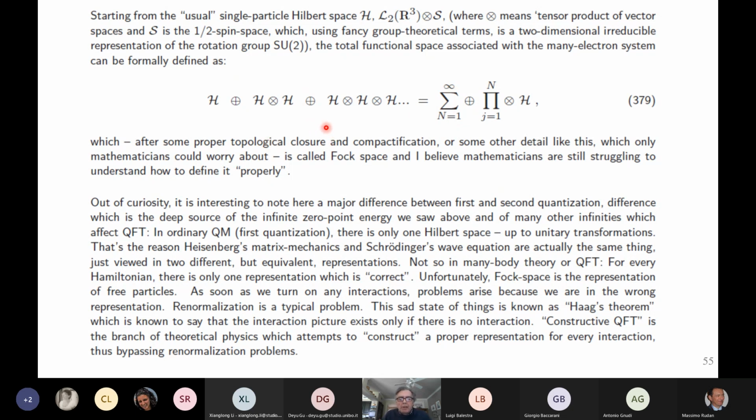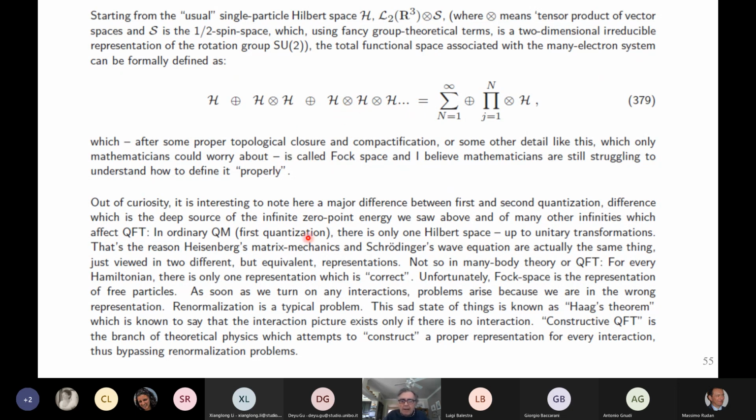It's a complicated object. Frankly, I don't know if there is a rigorous definition of Fock space that a mathematician expert in functional analysis and topological vector spaces would consider rigorous. But anyway, this is something that physicists, a little bit cowboy style, have been dealing with.